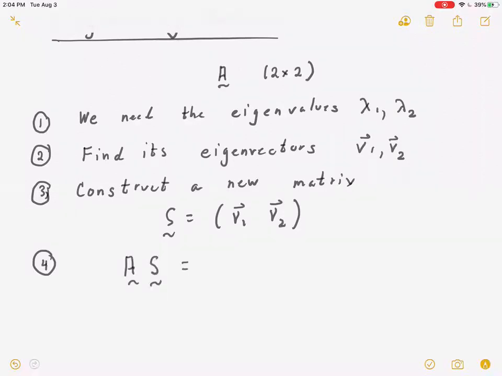When you multiply S by A, when you left multiply S by A, let me be a little bit more precise, because in matrix multiplication it matters whether you left multiply or right multiply, you get the matrix S back times a special matrix, which we'll call D, and it's a diagonal matrix.